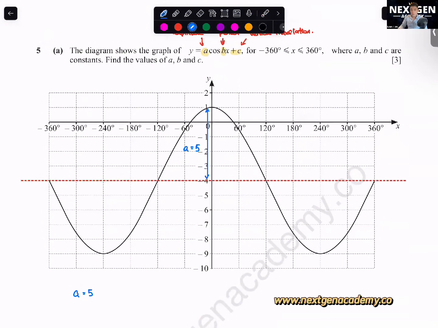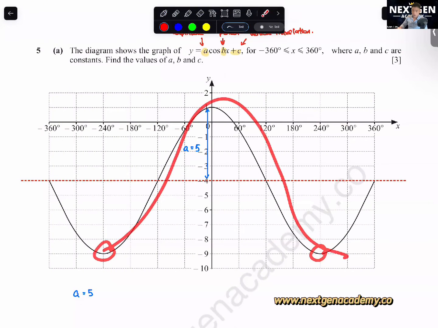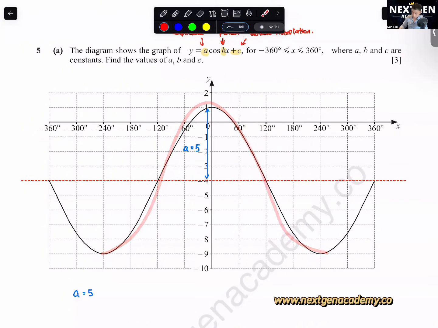B. Period means from one peak or one, you call it trough, is it? Okay, from one end to another end, one whole cycle. So there are different ways you can find it. So you can do like this. You can also use a sine graph like that to find.